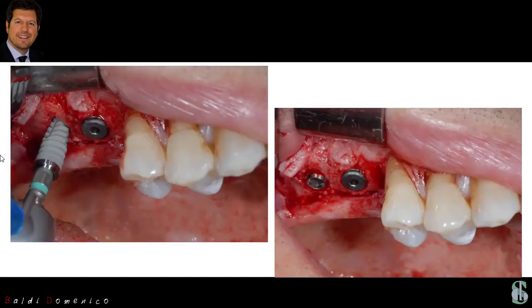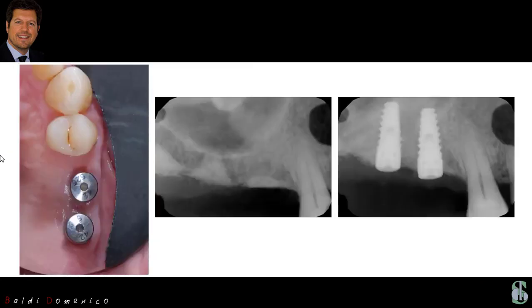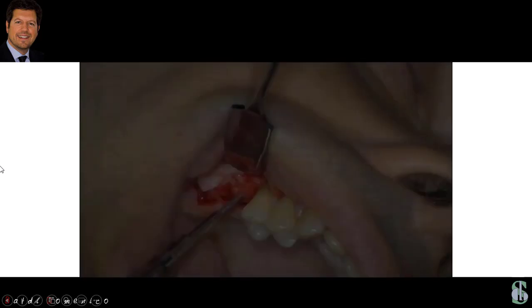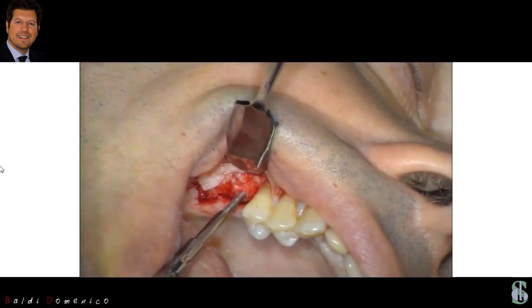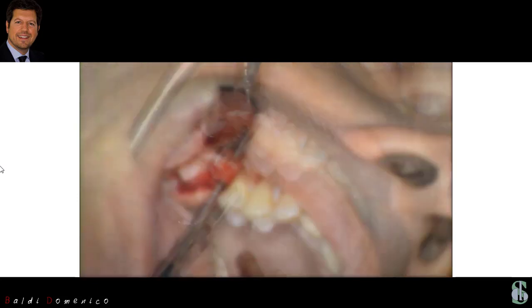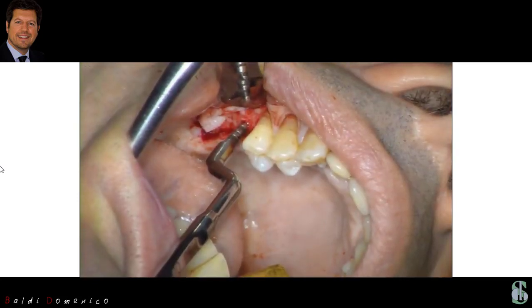And when we finish our preparation, we can place the implant, and if we make the comparison between the X-ray at the beginning and the end, we can really appreciate the quality of the work that we can obtain with the magnetic mallet. And if we see this video of our surgery, you can see how it's possible to manage this instrument. We can correct the axis of our preparation.